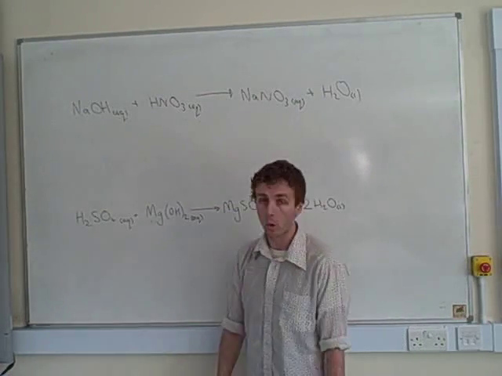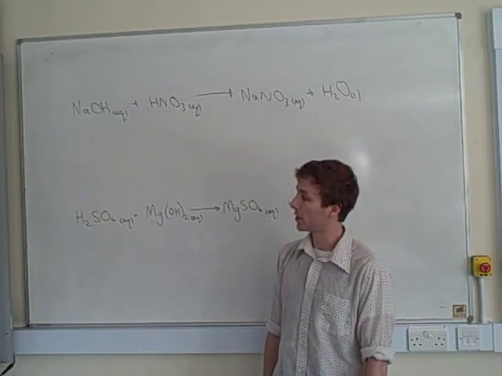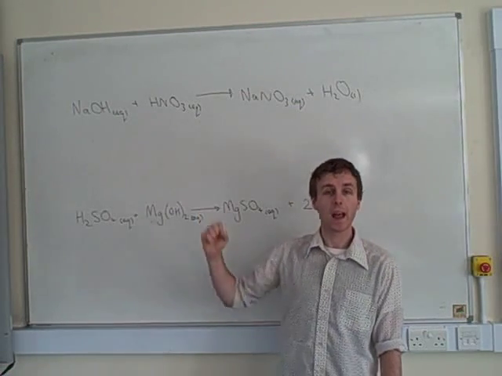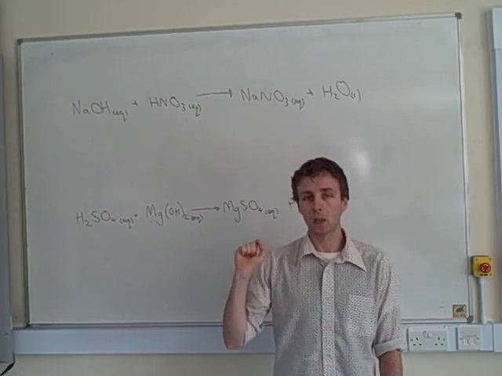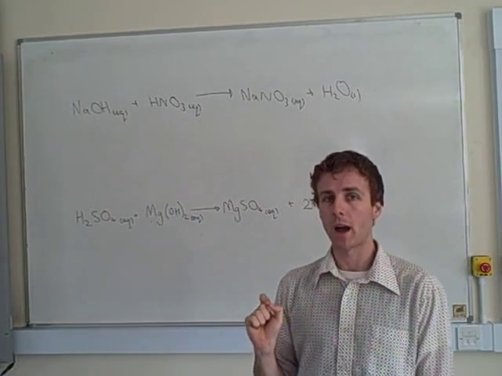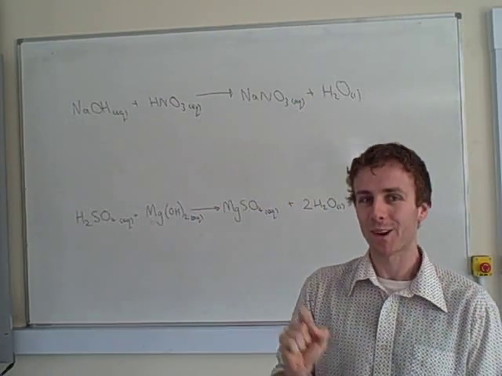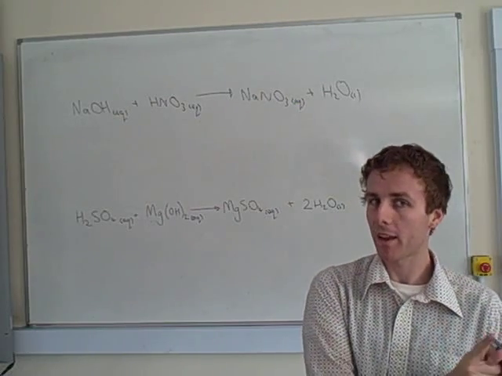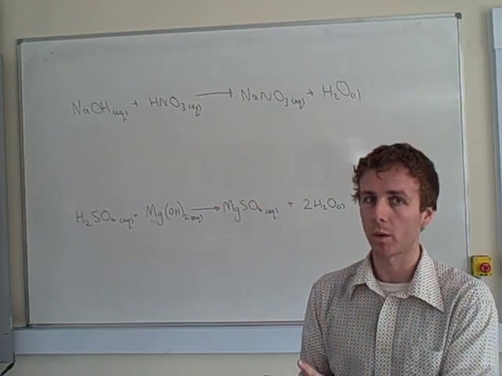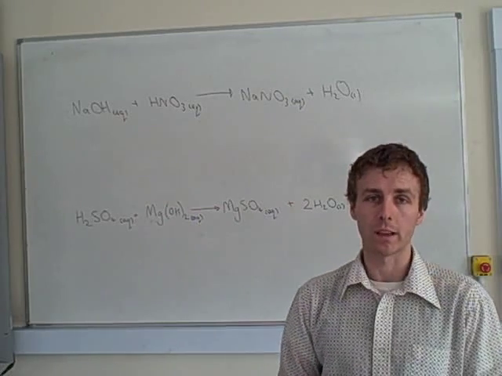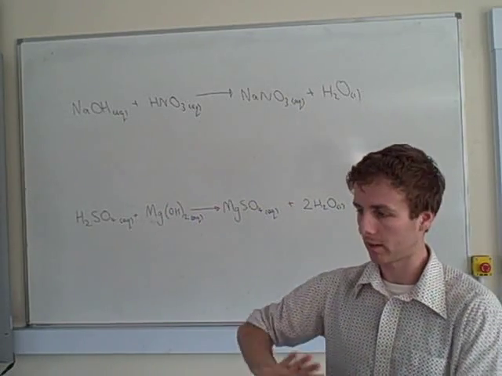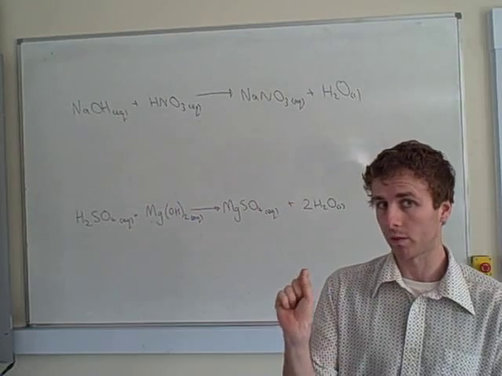So step 1, in order to change my full equation into my ionic equation, is I look at all of my ionic aqueous compounds. It has to be ionic and it has to be aqueous. If it was an ionic solid compound, that's not what I'm talking about. Only aqueous ones do this.